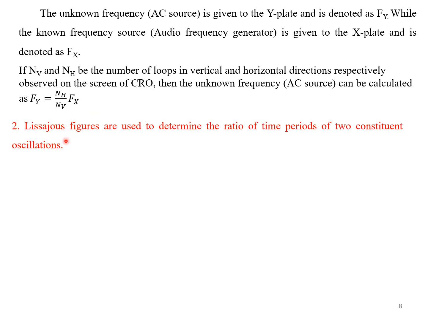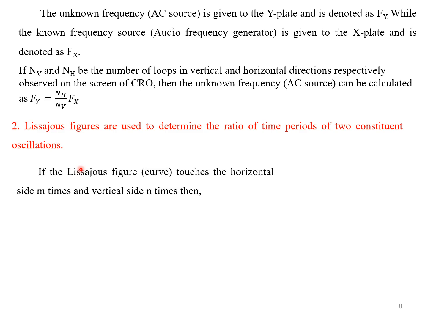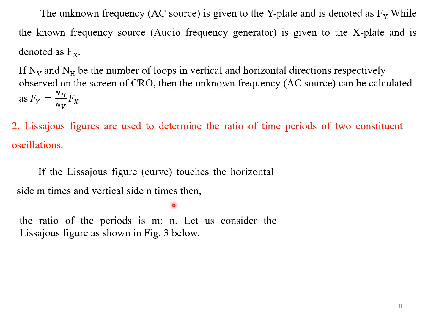Second use of Lissajous figures: Lissajous figures are used to determine the ratio of time periods of two constituent oscillations. If the Lissajous figure curve touches the horizontal side m times and the vertical side n times, then the ratio of the time periods is m to n.